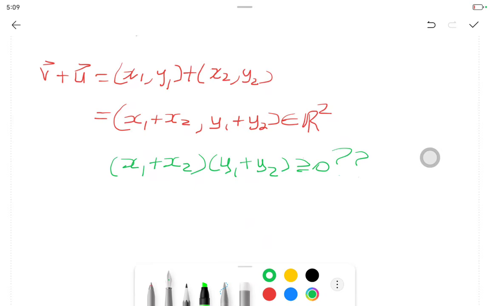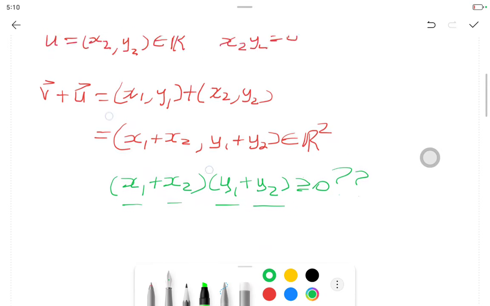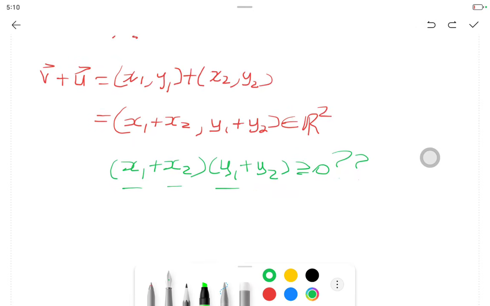Initially someone would say that I can multiply this through, and I would get x1 y1 plus x1 y2 plus x2 y1 plus x2 y2 if I cross multiply them.